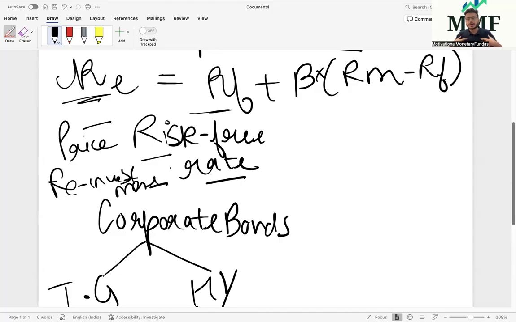My portfolio, if I'm holding some bonds, I might be getting some interest rates. I'm happy. Instead of 5%, I'm getting 6%, 7% now. But when a 100 rupee bond has come down to 90 rupees, my portfolio has a mark to market loss. We call them MTM losses.